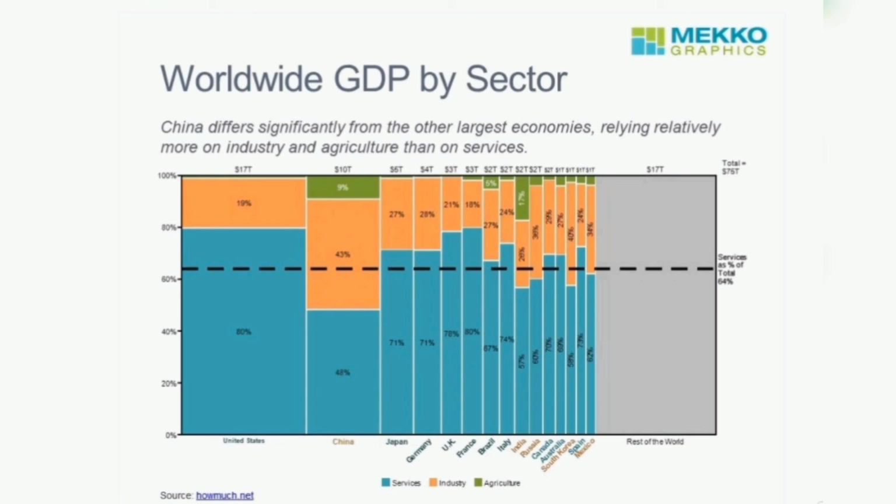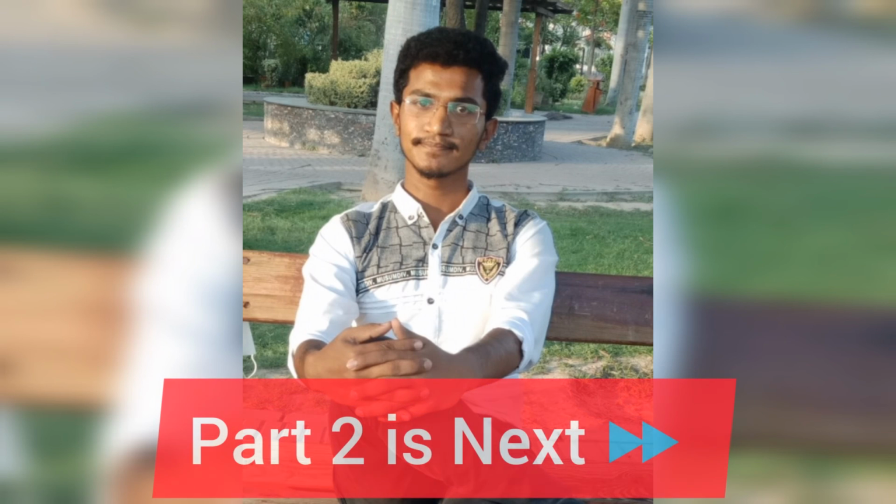So in the future, our world will have most of its part in the services sector. So this was part 1 of the series World Economy, and part 2 is right next to it.